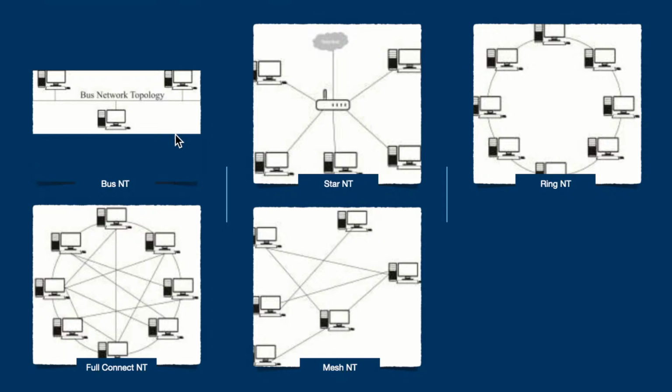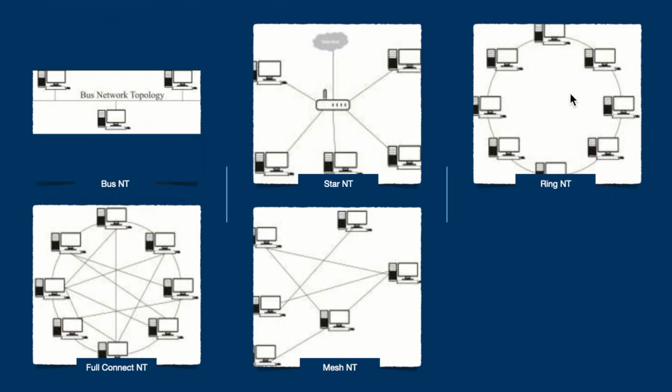So this is the star network, this is the ring network, this is the fully connected network. All of these topologies each have their own benefits, their own advantages and disadvantages.